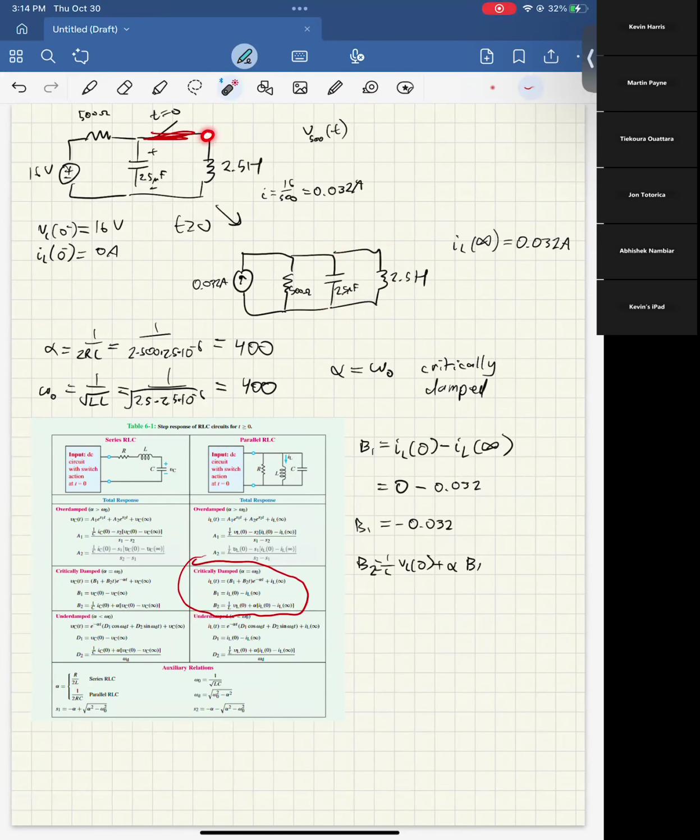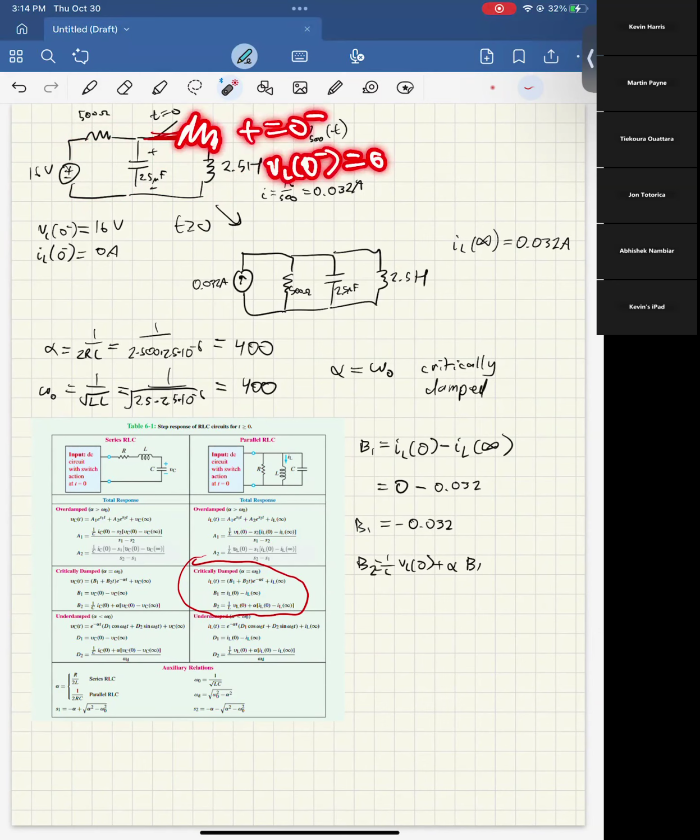So even though at time equals 0 minus, we might have had 0 volts here, right? Once this switch closes, now it's connected to the capacitor, right? And the capacitor has 16 volts over it, right? Because it's in series with it, or it's connected to here. So once we connect the 16 volts of this capacitor to the inductor, all of a sudden, now the inductor also has 16 volts over it. So at time equals 0 minus, the voltage across the inductor was 0, right?